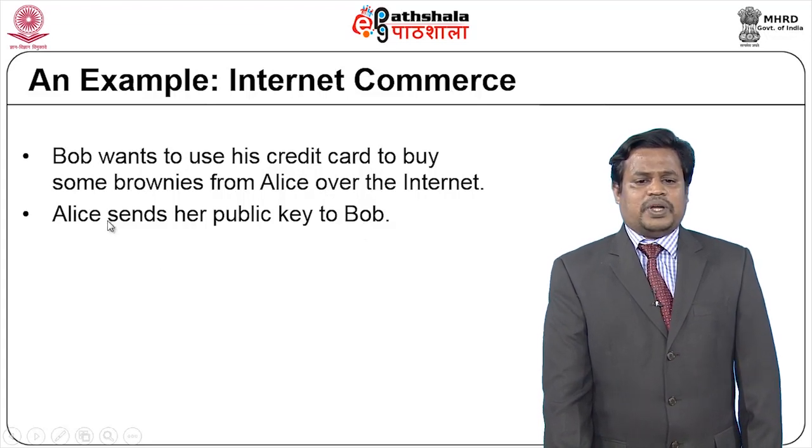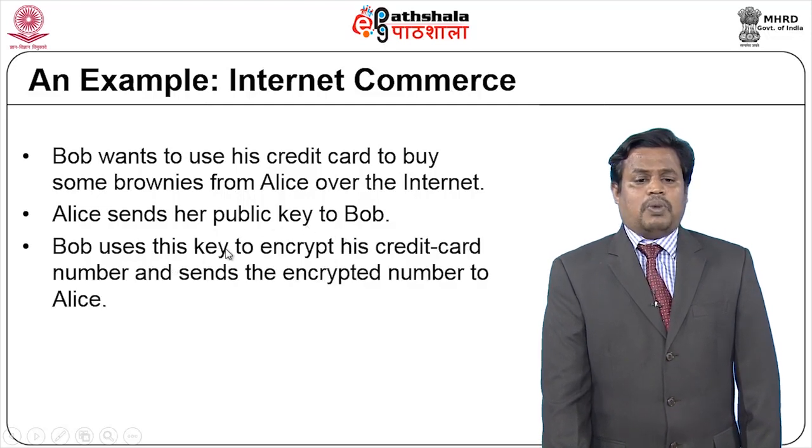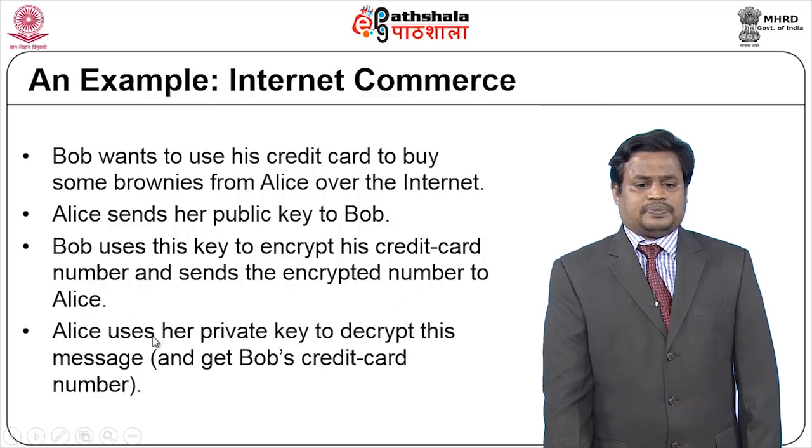What Alice is doing is, Alice sends her public key to Bob. So, Bob uses the key to encrypt his credit card number and sends the encrypted number to Alice. Alice uses her private key to decrypt this message, so she gets Bob's credit card.